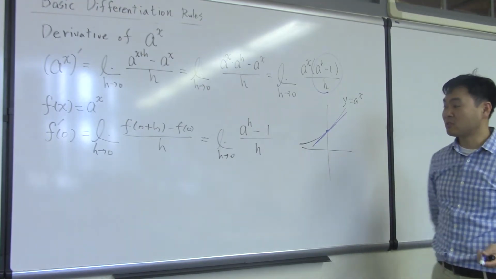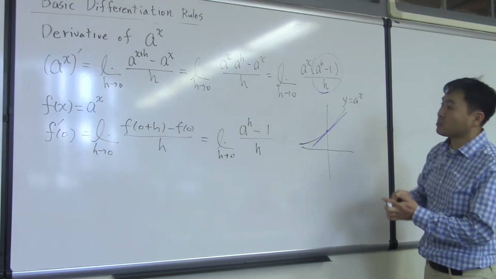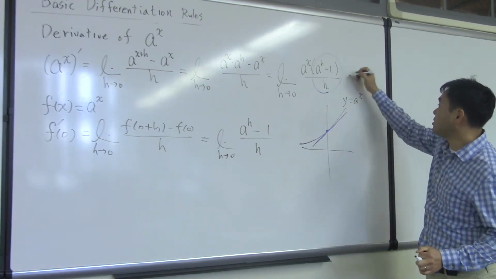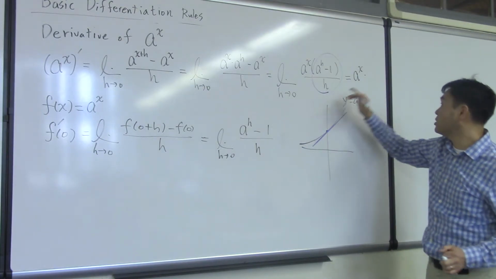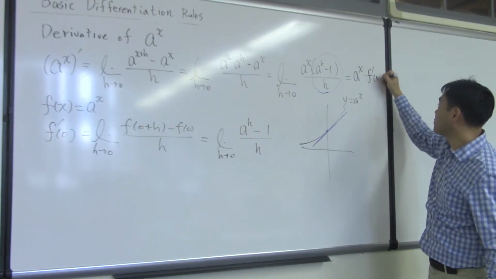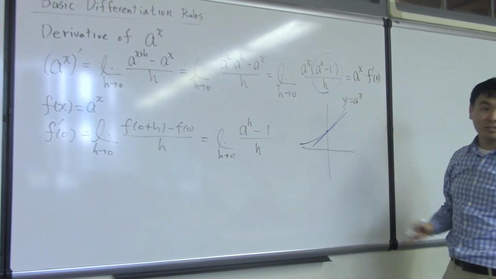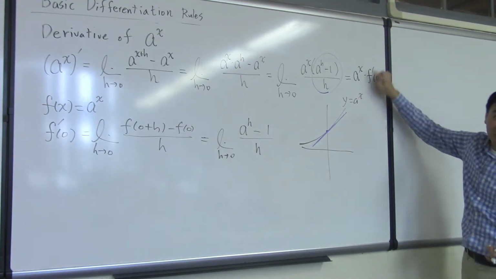Okay, so there is this limit, and we can just finish off this calculation and say this should be a to the x times some mysterious number, which is really the derivative of the function at 0. So we can just write it like that and think of this as a placeholder for now.